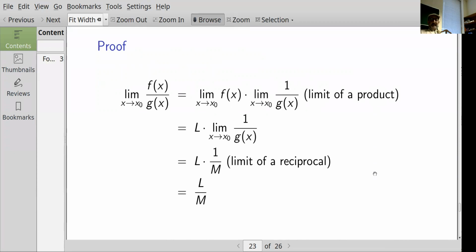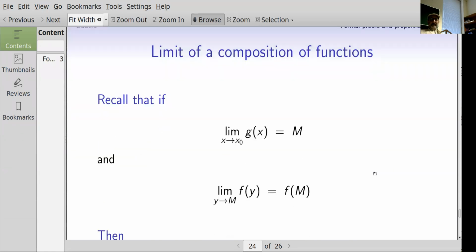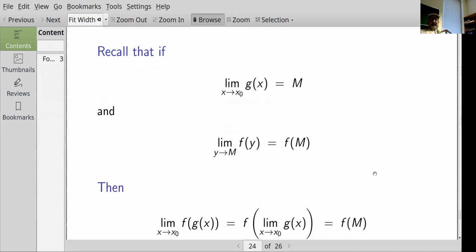We've already proven that with the epsilon delta business. Okay, so then that's equal to L times the limit of 1 over g, and that's L times 1 over m, which is equal to L over m. Okay, so the idea is you use an epsilon delta proof to prove the very basic rules, and then you can use those rules to prove more rules, perhaps without going back to the epsilon delta definition.